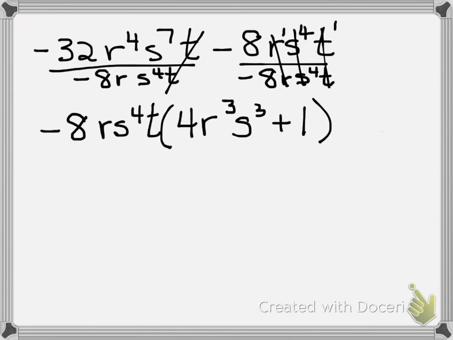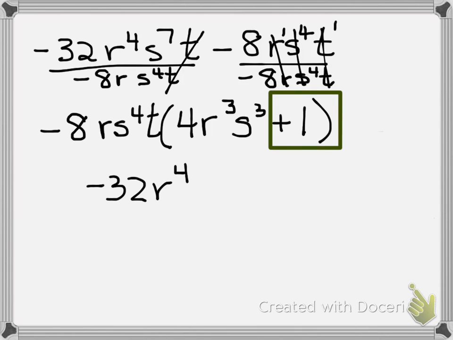Do not be tempted to just leave that off. Remember, when you distribute, you should get back to the original problem. So if we had forgotten this, and we tried to check our answer, when we would distribute, we would get negative 32 r to the fourth, when I add, s, 4 plus 3 is 7, t, and that would be it.